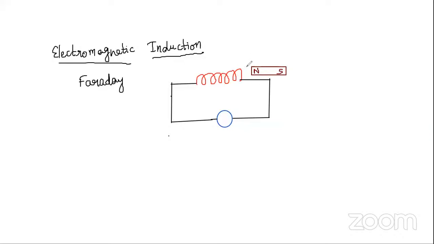Now we are considering the scenario where the magnet is held stationary. That means the velocity of the magnet is 0.